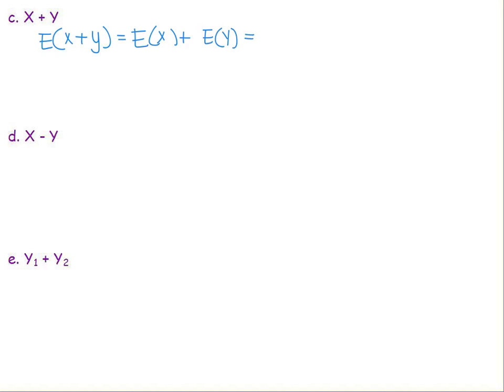Well, look back at your table. The expected value of x is 80. Remember, that's mean. Plus, the expected value of y is 12 for a total of 92.